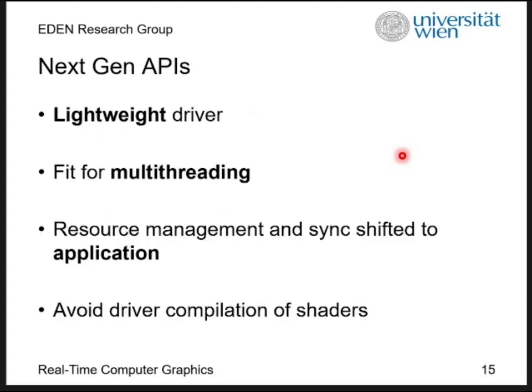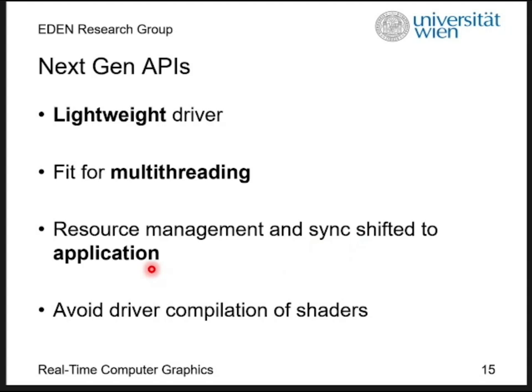Okay, so in a nutshell, this is what Vulkan promises you to do. The next-gen APIs have a lightweight driver. It does much less than what a traditional monolithic driver would actually do. It is fit for multi-threading. A lot of stuff that is necessary, like resource managing and synchronization, must now be done explicitly by the application.